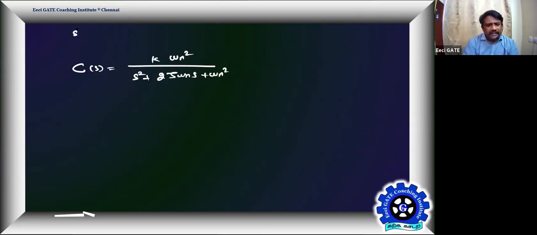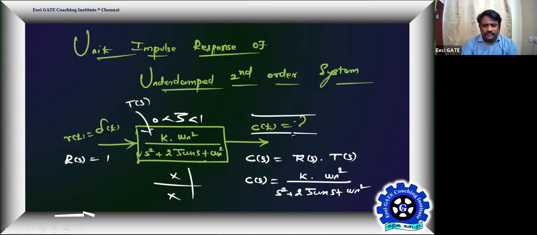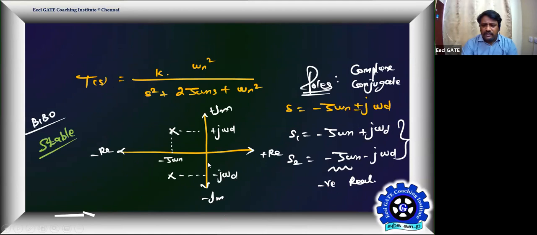And we remember s square plus 2 zeta omega n s plus omega n square equal to 0 gives two poles. What are the poles? One pole is this, another pole is this. Correct? All of you getting?